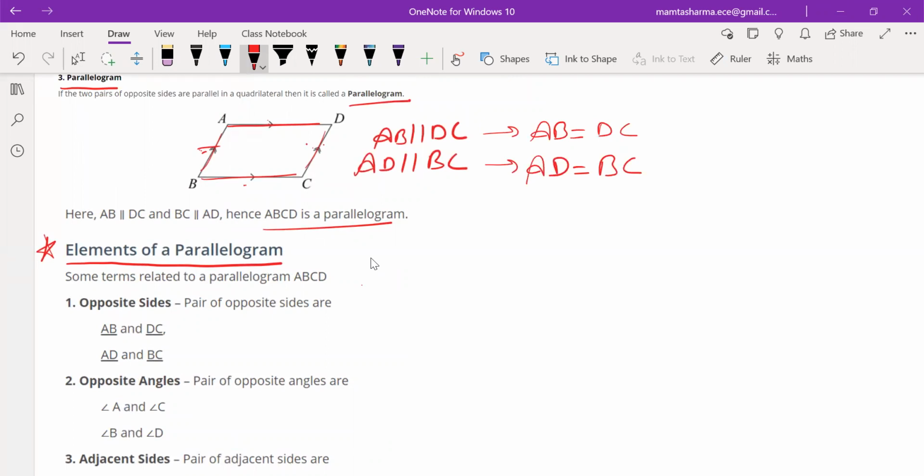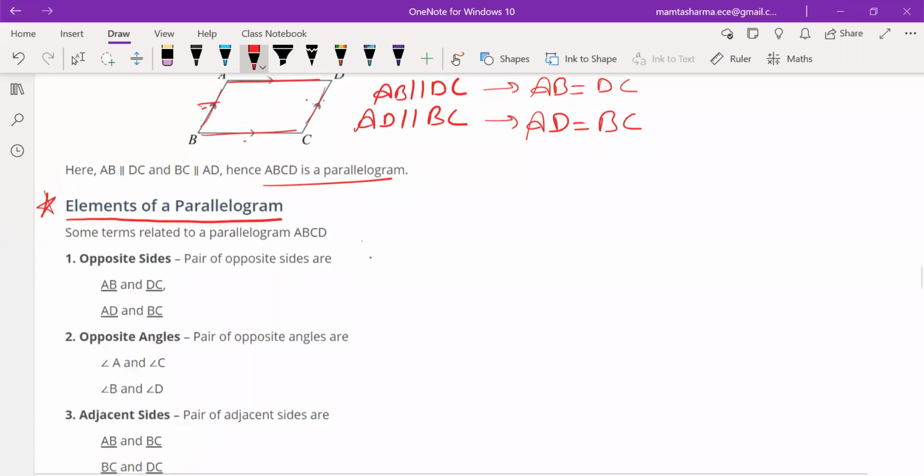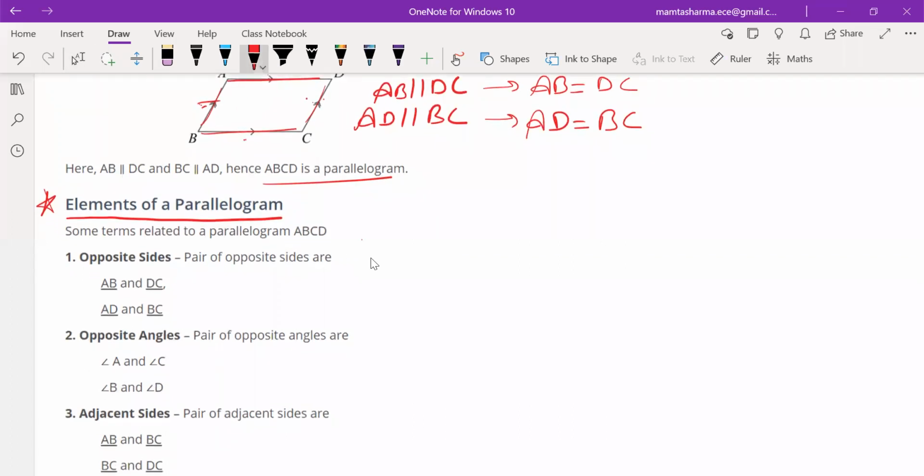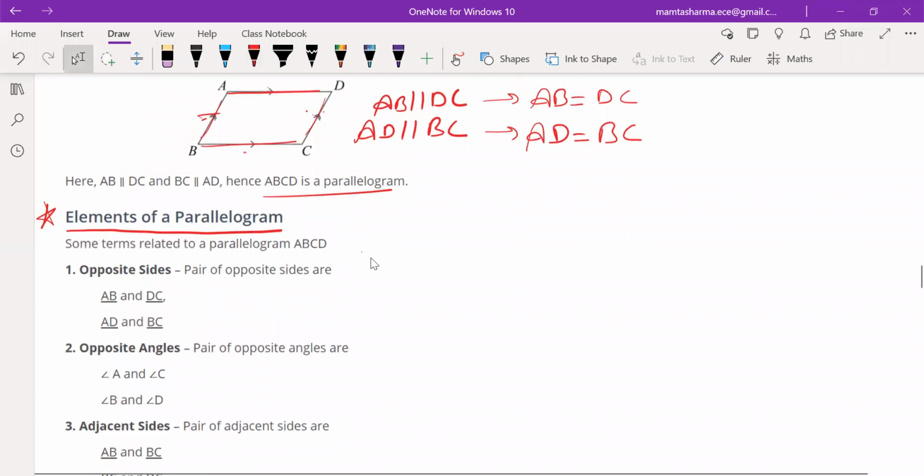And opposite angles are equal. These are the opposite angles. Angles B and D are opposite. Angles A and C are opposite. So angle A will be equal to angle C and angle B will be equal to angle D. Opposite angles will be equal.